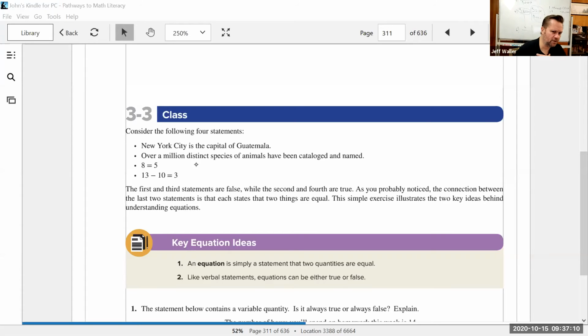Second statement, you might have to look up, but yes, over 1 million species of animals have been cataloged. I think there's like over 1 million species of insects. I don't know. 8 does not equal 5, so that's obviously false. All right, so there's an idea about statements being false or true. So I know that in English, but an equation is a mathematical statement.